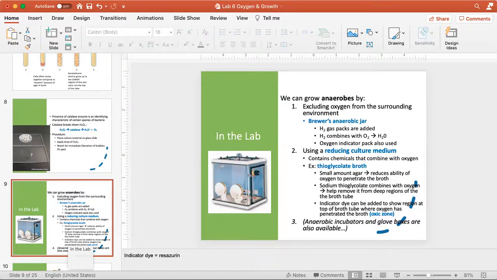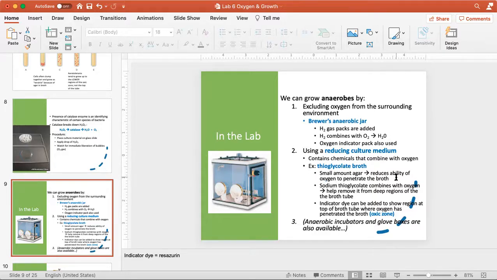Now, we already talked about the thioglycolate broth, and we can use thioglycolate broth to grow anaerobes. Remember, we said that broth has a little bit of agar in it. And what the agar does is it reduces the ability of oxygen to penetrate the broth.